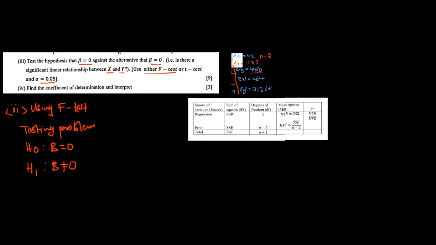So it means that we have to find the value of the f observed.